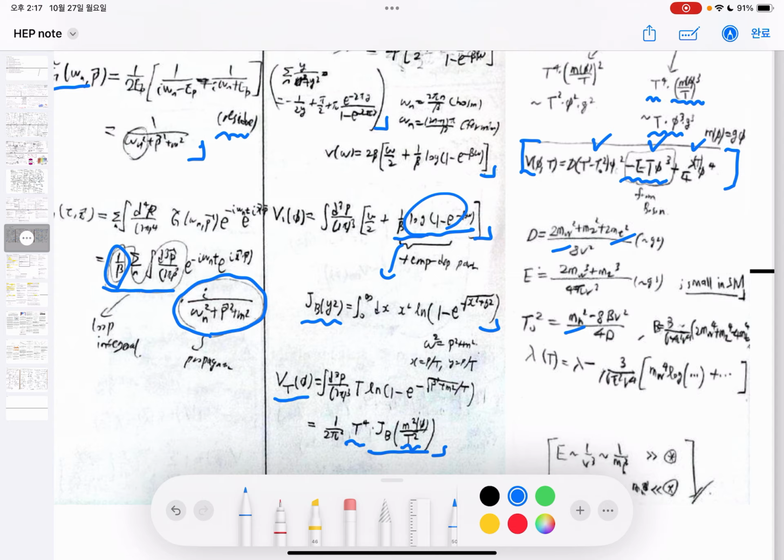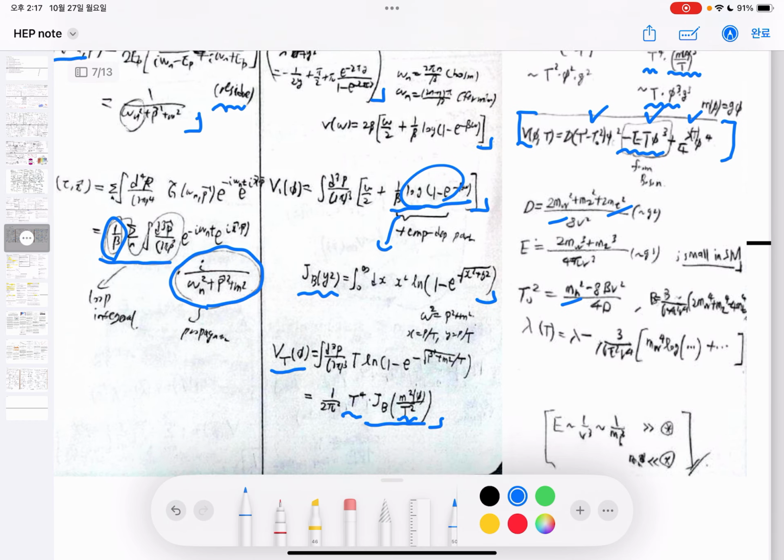And in the standard model, such a cubic term is small due to the large Higgs mass. So the first order phase transition is hard to occur.